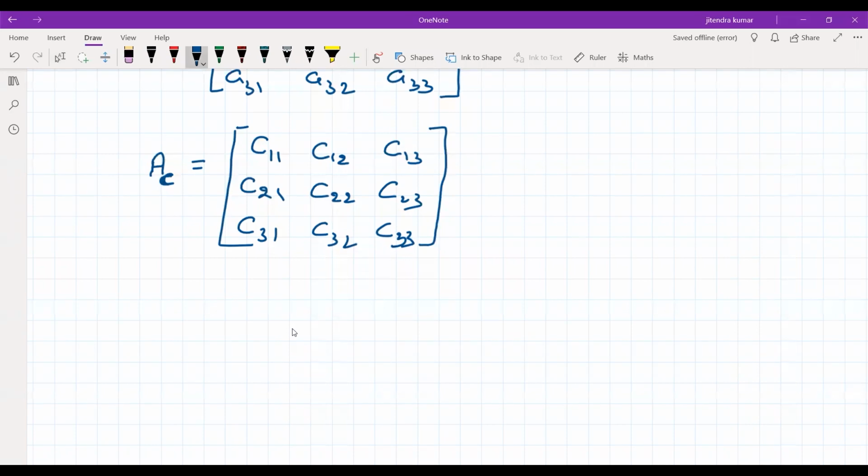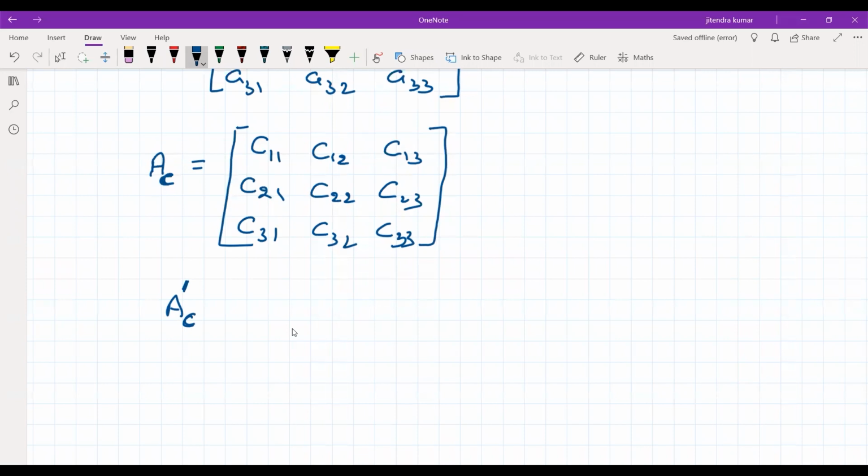Then just take the transpose of this cofactor matrix, or you can say matrix of cofactors, anything. So just take the transpose of this.